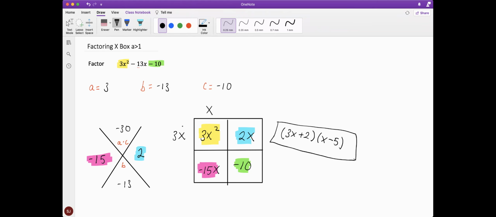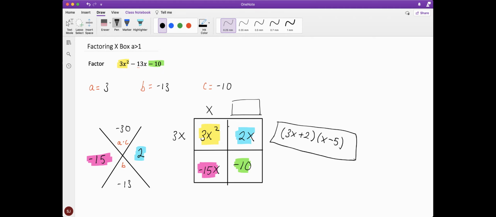So you know how 3x times x is 3x squared. But then you're going to ask yourself, okay, 3x times what gives me 2x? Now that's weird, right? Because 3 is bigger than 2. So in order for this to be true, this has to be a decimal number or a fraction. Now that's a little bit confusing, right? 3 times what gives you 2?